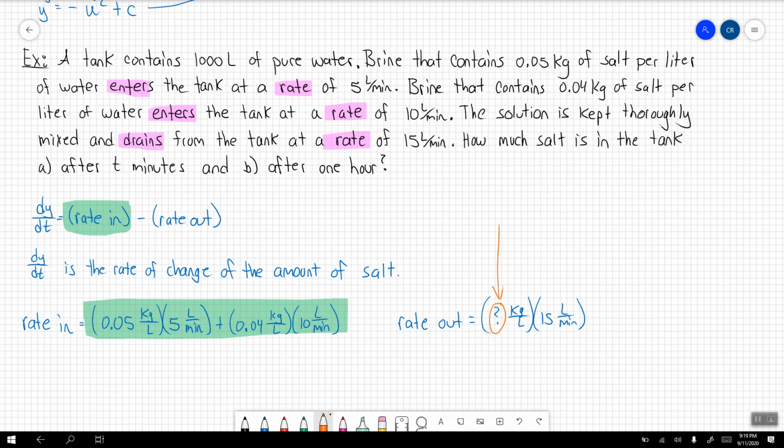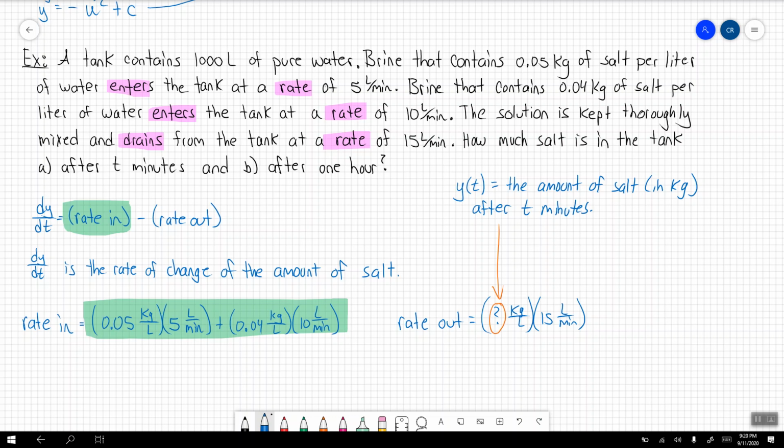Therefore, I need some function in terms of t. This function is going to be the amount of salt in kilograms after t minutes. That's what we're going to be looking for.